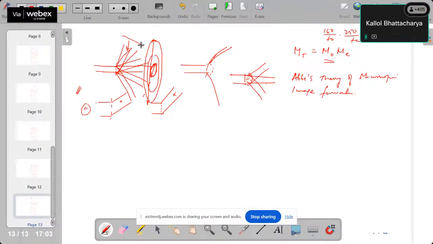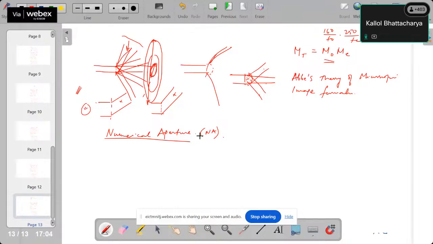And this is where, for a microscope, there is another very important parameter, which is called numerical aperture, abbreviated as NA.